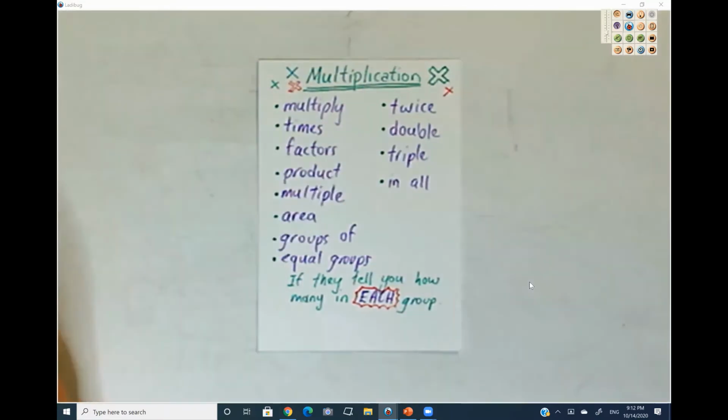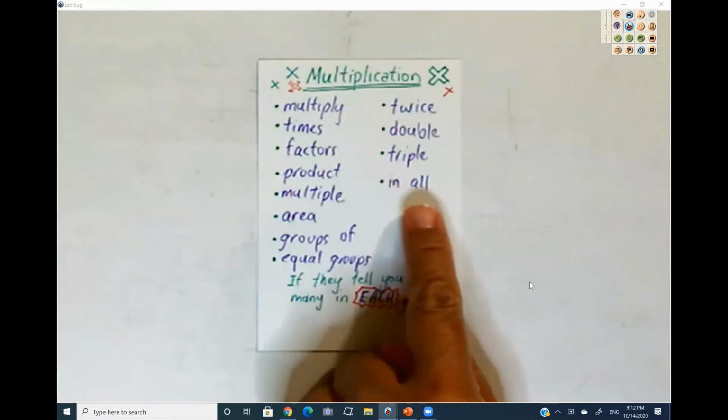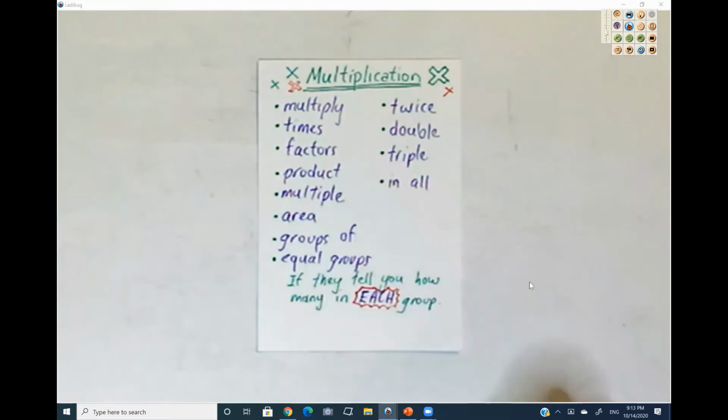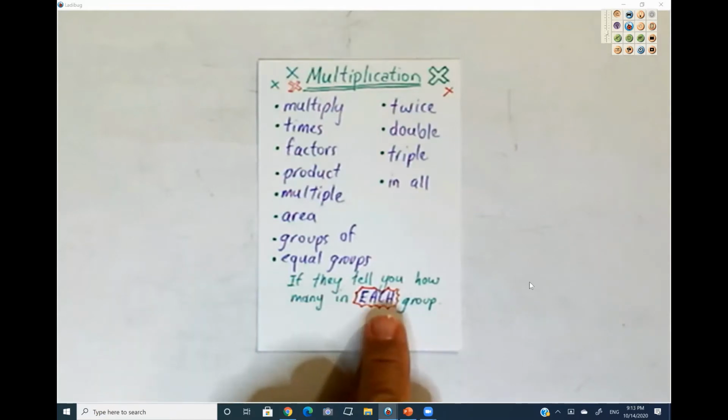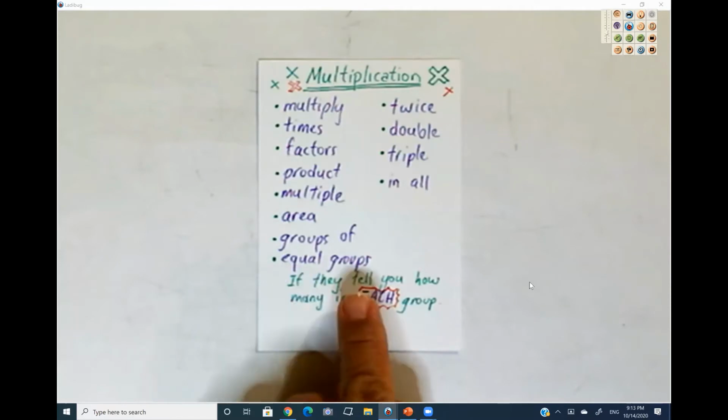If you notice, the word in all is very similar to when you are doing addition. And there's one word that could be a little bit tricky: if you see the word each, and they tell you how much they have in each group, that means it's going to be multiplication.